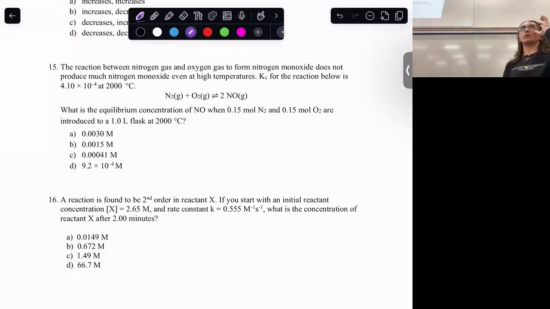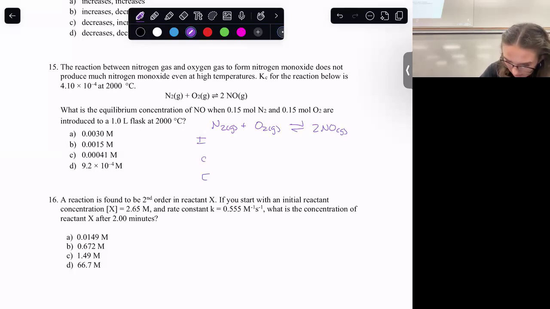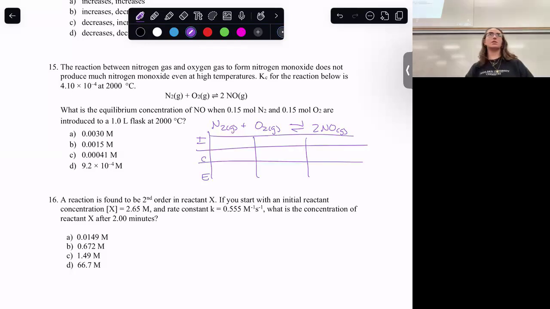Does anything need to be disregarded in our equation? Nope, we can use all of them here. So we have N2 gas plus O2 gas goes to 2NO. We have ICE here. What goes into our initial portions of our ICE table? 0.15.